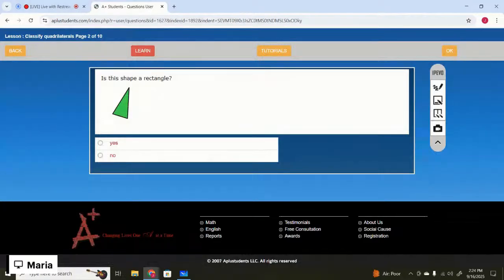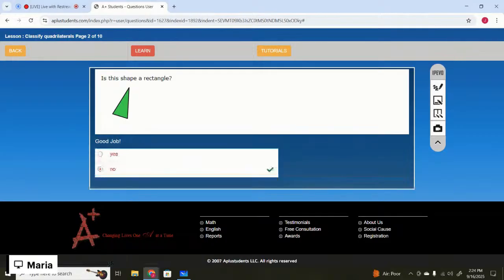Is this shape a rectangle? No, that is not a rectangle. A rectangle must be a four-sided shape. That is a triangle because it has three sides.